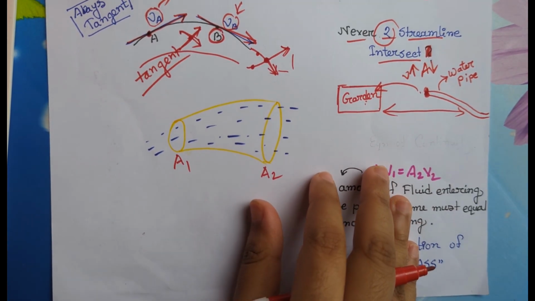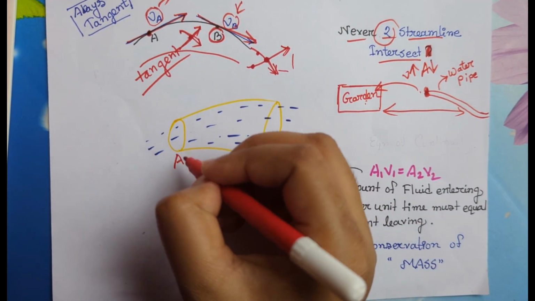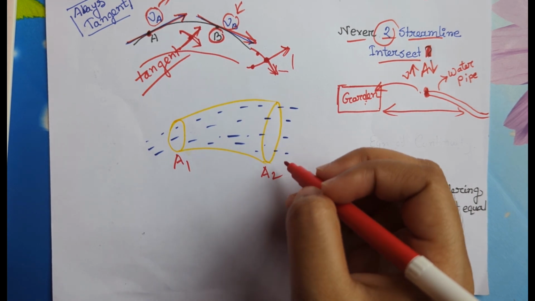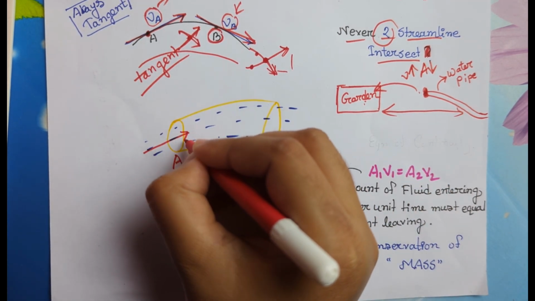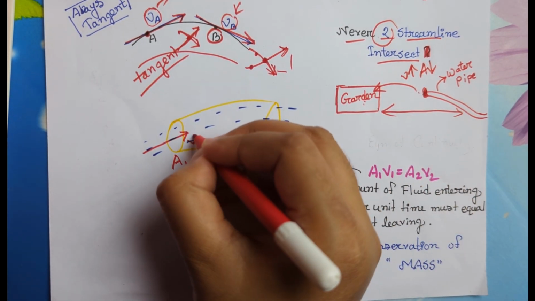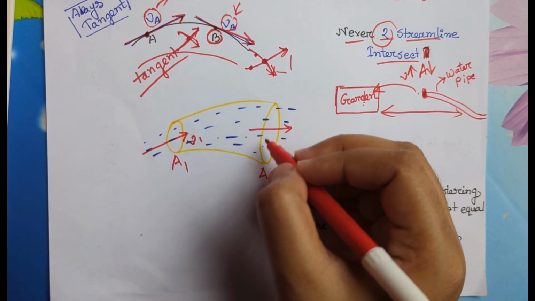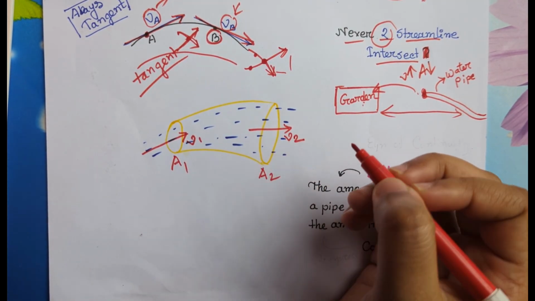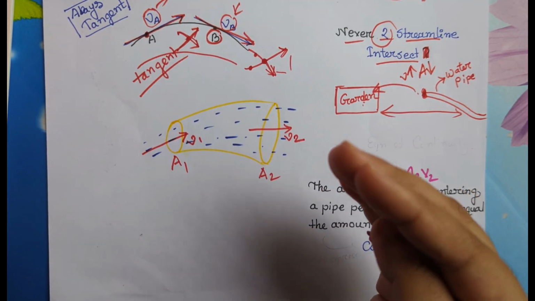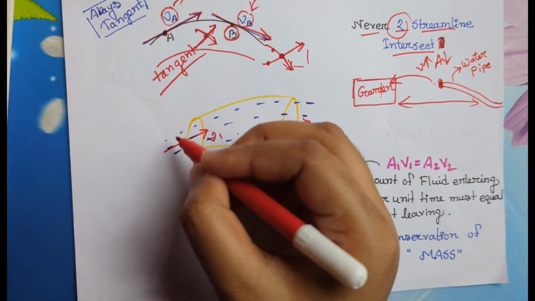Here the same thing happens. A1 area is small and A2 area is big, so the velocity V1 at A1 is bigger than the velocity V2 at A2, but the rate of flow remains the same.